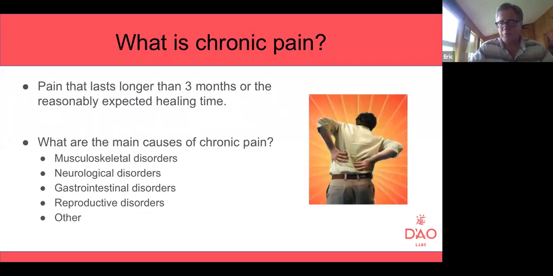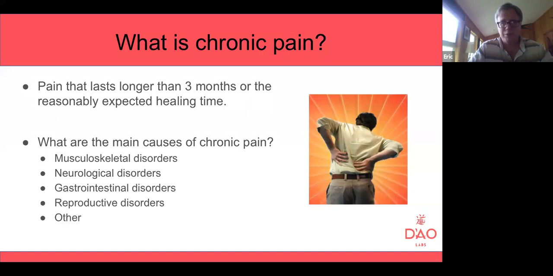So first, what is chronic pain? It's classically defined in biomedicine as pain that lasts longer than 3 months or the reasonably expected healing time from an injury of some kind. Now, there are many causes of chronic pain. There can be musculoskeletal disorders. We'll definitely be talking about that today.